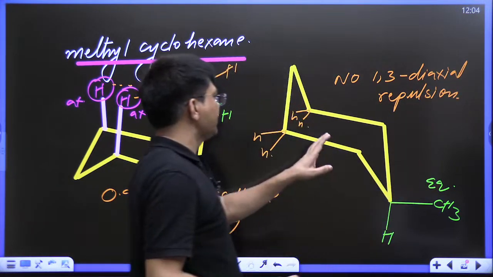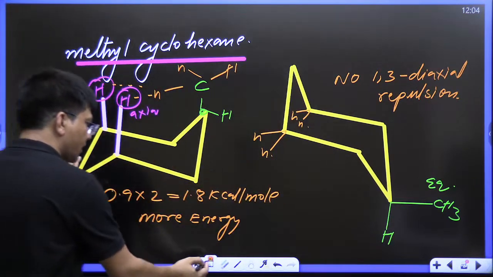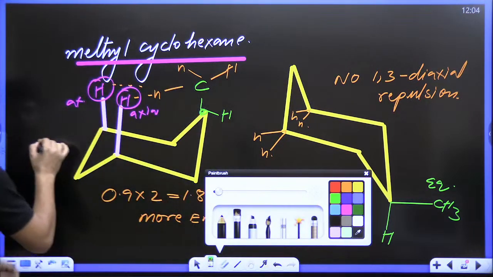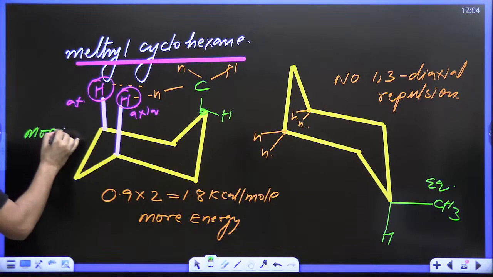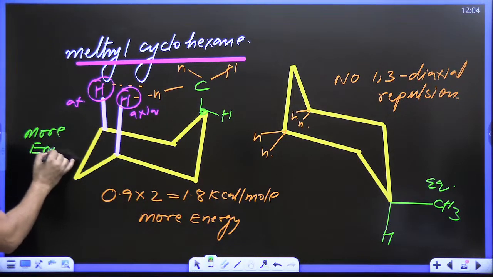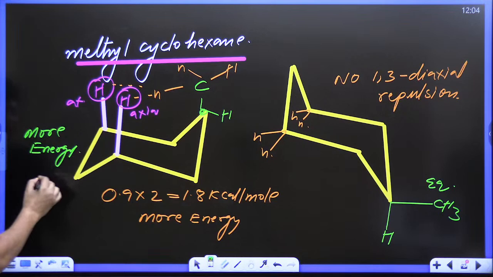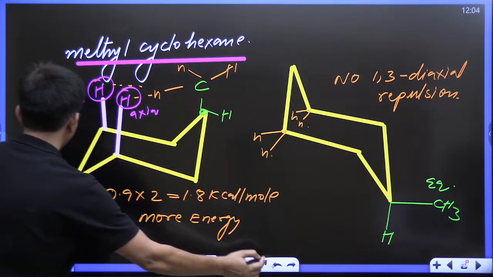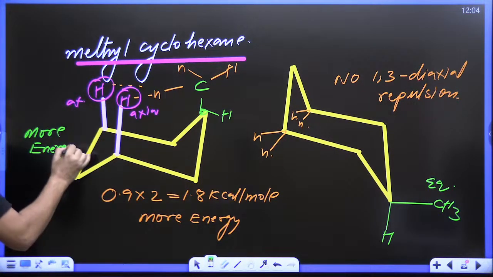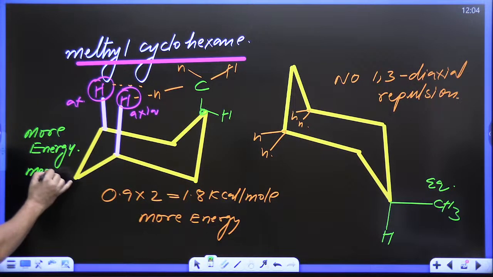That means it has less energy. This one has more energy. More energy means less stability.